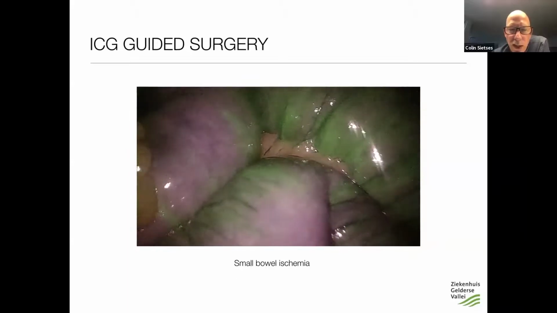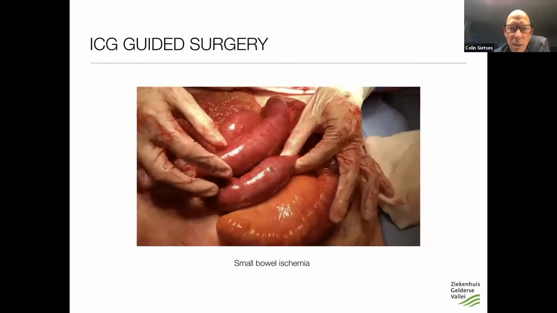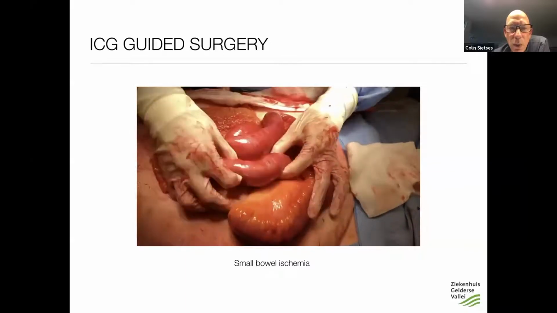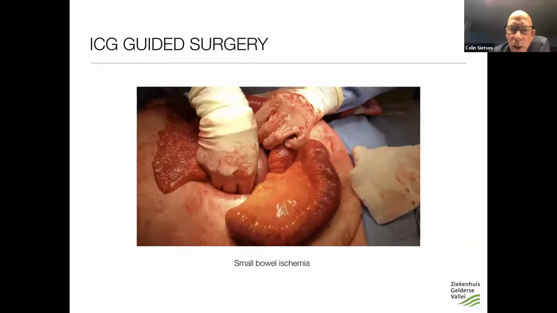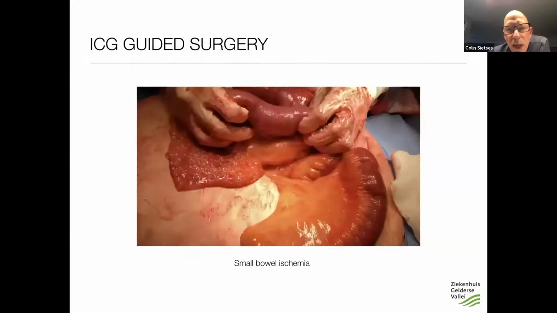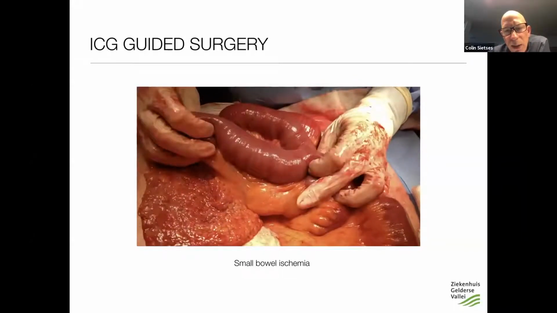Which was actually quite funny. When we opened up the small bowel, which looked completely ischemic with ICG, it actually looked relatively good. But the truth is that ICG clearly showed that it was not vascularized properly, so we had to do revascularization and resect the pieces which were avascular.